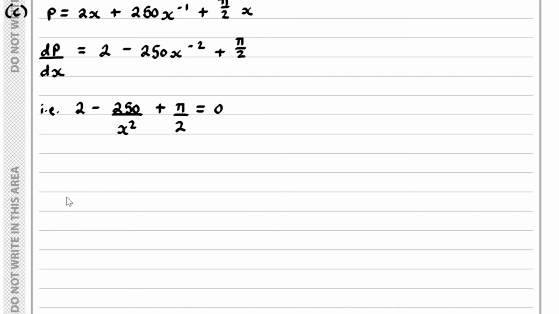Now if I attempt to solve, x will equal 250 divided by 2 plus pi over 2, square rooted. And what's crucial here is we're taking the positive square root because x is greater than 0.